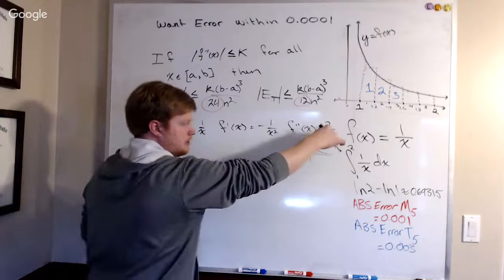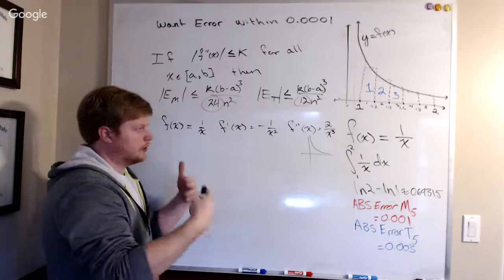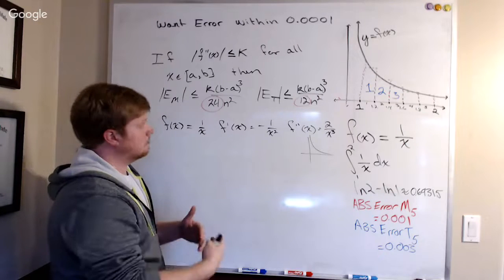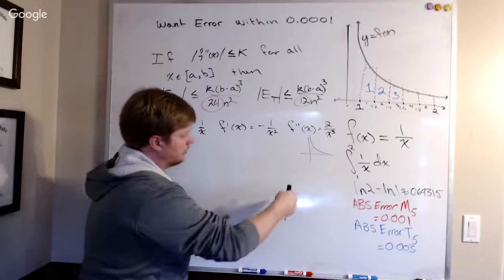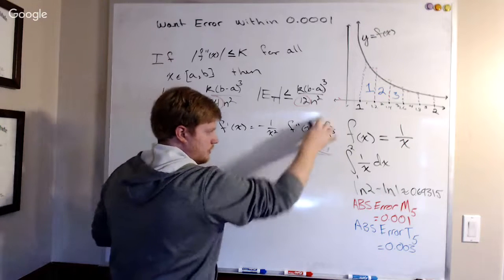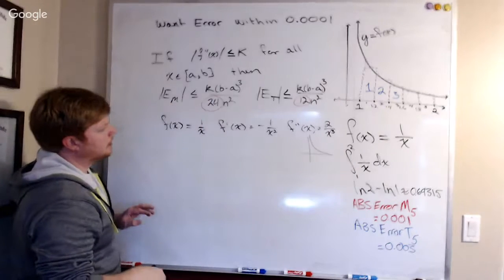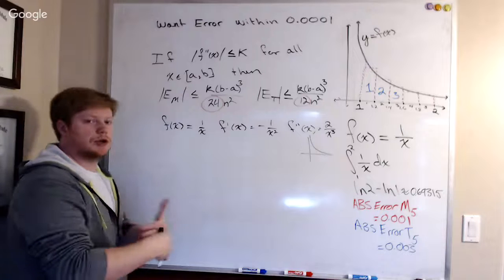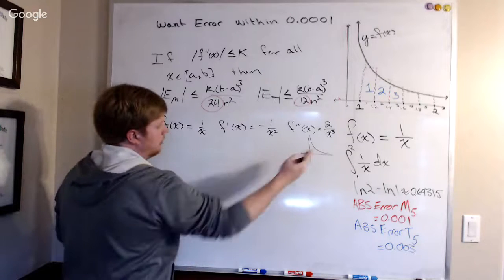If this were something that might have peaks or valleys in it, then you'd have to check for maxes and mins or local relative extrema on the interval. But we're lucky because this is always decreasing, so we know that the maximum has to occur at one of the endpoints, and specifically at 1.